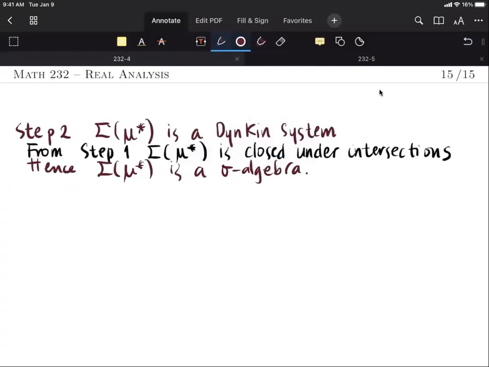So recall in the previous lectures that a Dynkin system that is closed under intersections forms a sigma algebra, or is a sigma algebra.